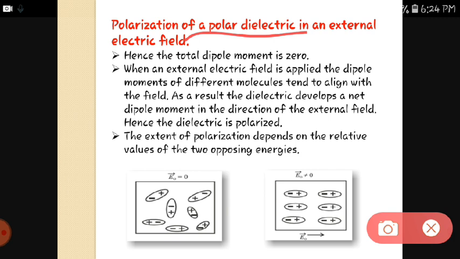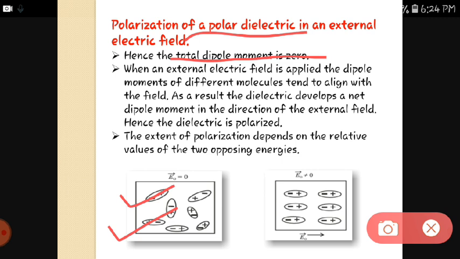But what happens when we give some external field to it? There will be production of thermal energy, right? When thermal energy acts on these polar dielectrics, all these molecules will move such that the total dipole moment will become 0. I will explain it again.